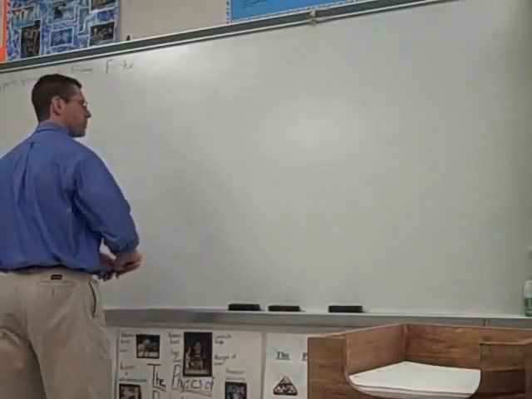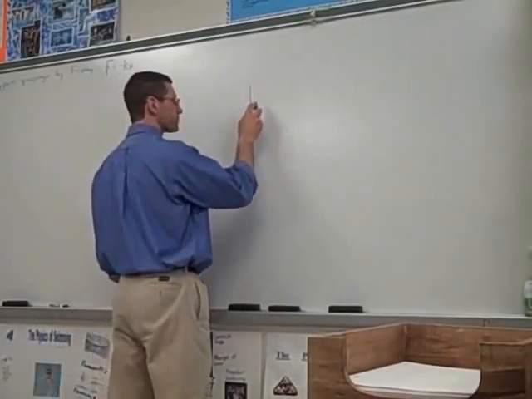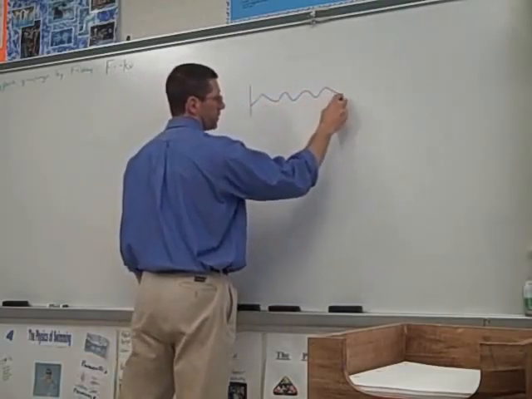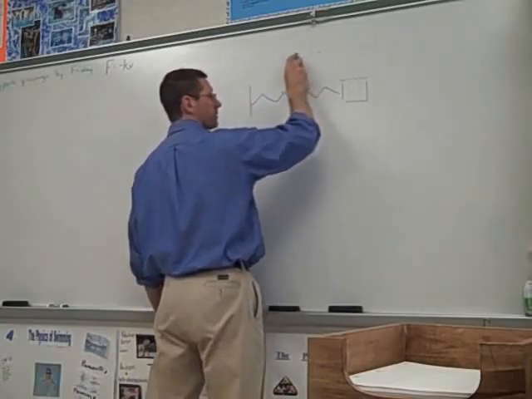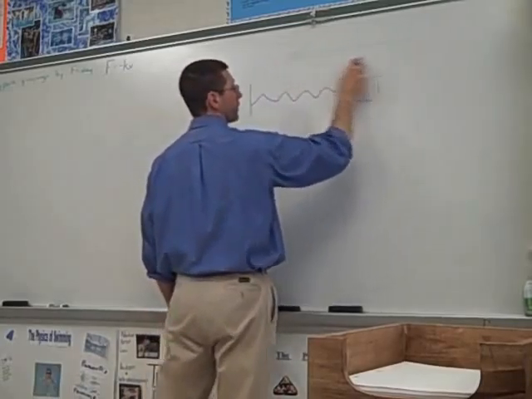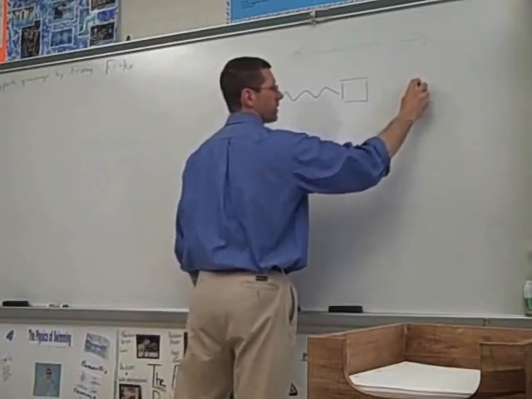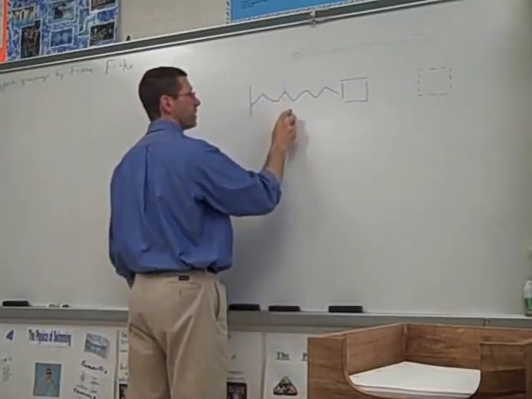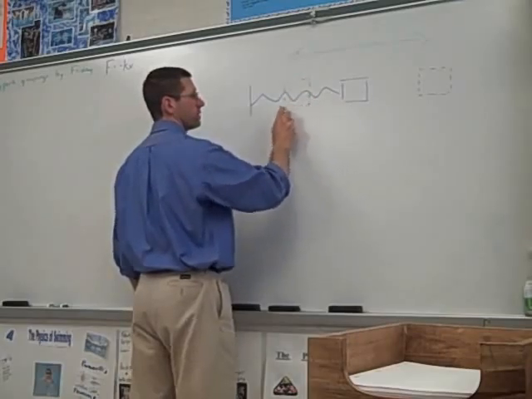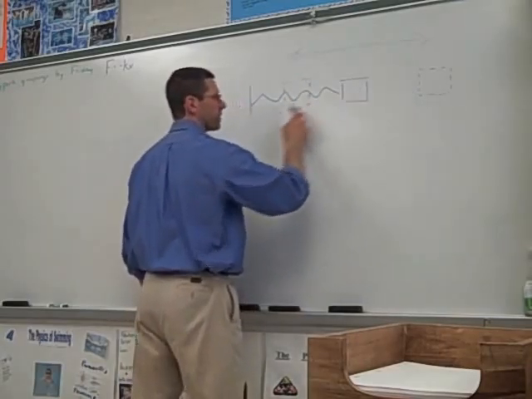So let's visualize we have our spring and mass system, and our mass is oscillating back and forth. So it's doing this back and forth, right? Sometimes it's over here, sometimes it's over here, and then at other times it's in between. So it's going back and forth, back and forth.